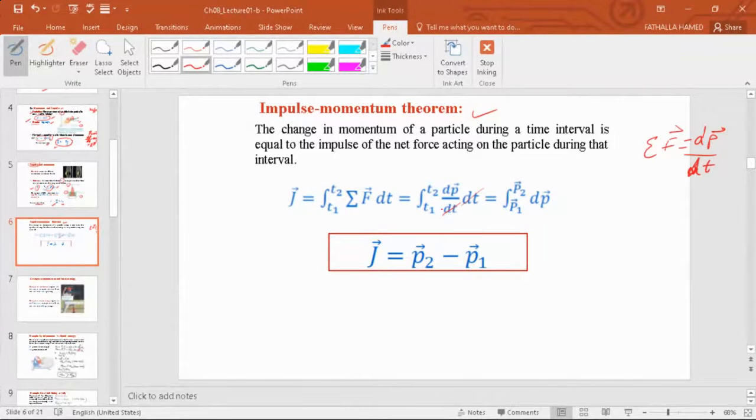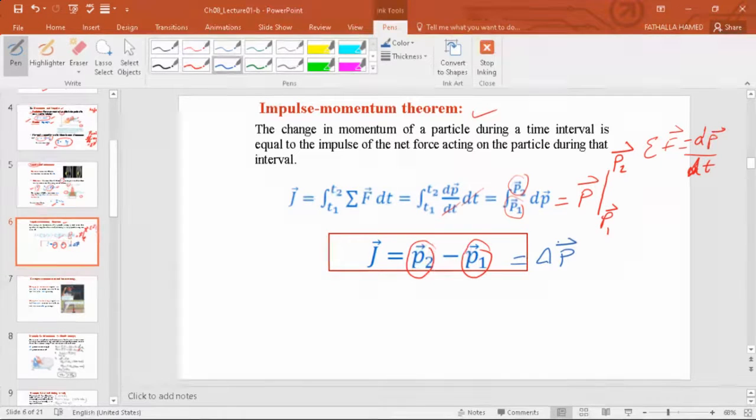So you can cancel the dt with the dt, and you get dp here. Of course, you're going to change the limits of your integral from t1 to t2 to p1 to p2. And you know that p is a vector because your force is a vector here. So now, if you integrate this, it will give you p, and you have to integrate this from p1 to p2. And this, of course, will give you p2 minus p1. And that, of course, is going to equal the change in momentum.